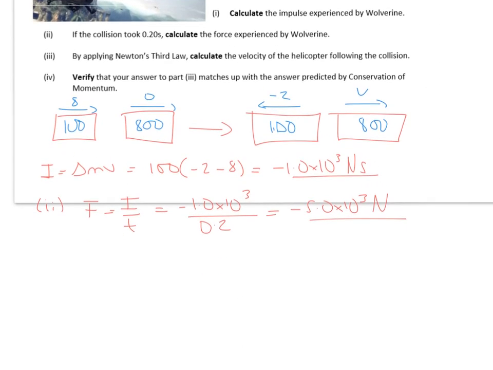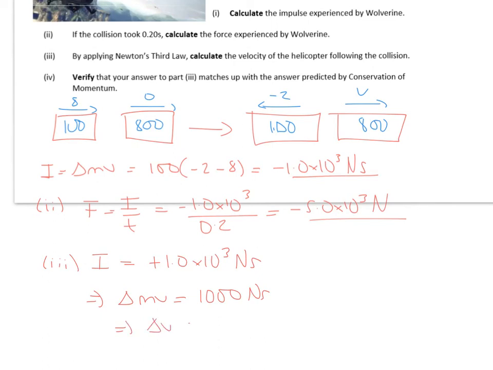By applying Newton's third law, calculate the velocity of the helicopter. So the impulse acting on the helicopter is going to be equal and opposite to the impulse acted on Wolverine. So it's going to be plus 1,000 newton seconds. So then we know that the change in momentum of the helicopter is going to be 1,000 newton seconds.